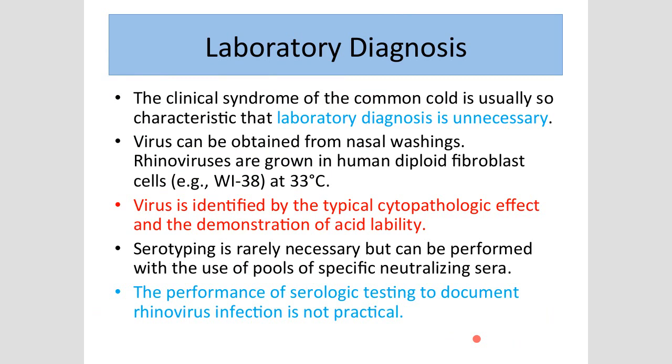Okay. But if you want to do it, just to find out what is the virus, and if it's the same virus, for academic interest and so on, you can do so by looking at the serotype, right? So what we do is we take the virus, grow the cells, and see how good they are in killing the virus. And I gave you an example for that, cytopathology, right?